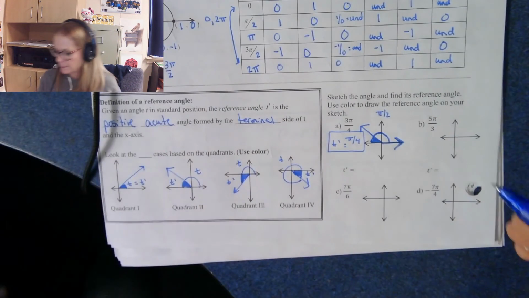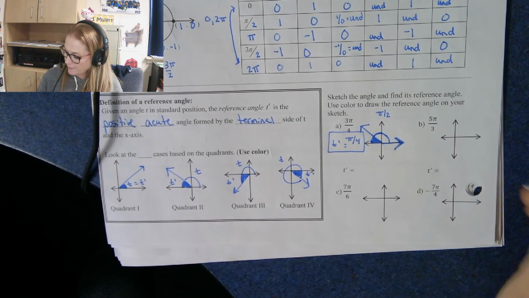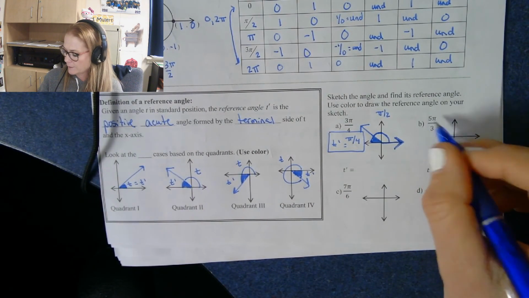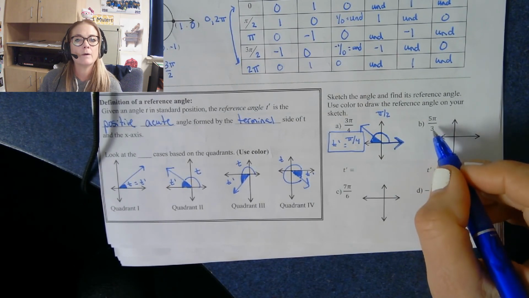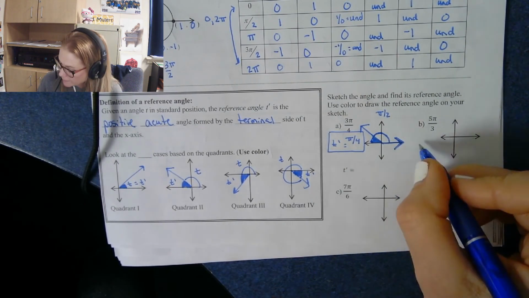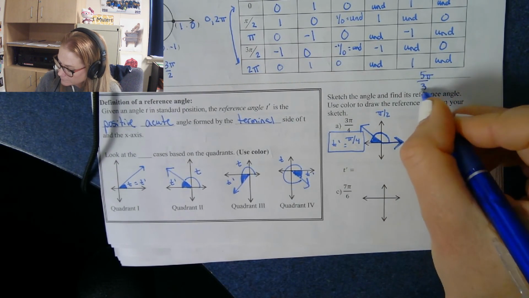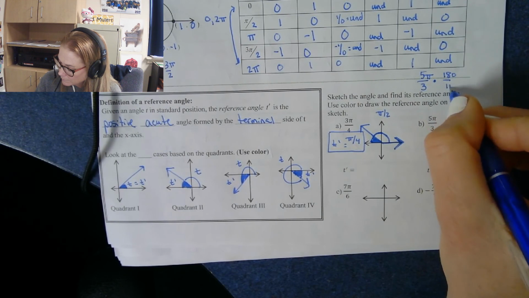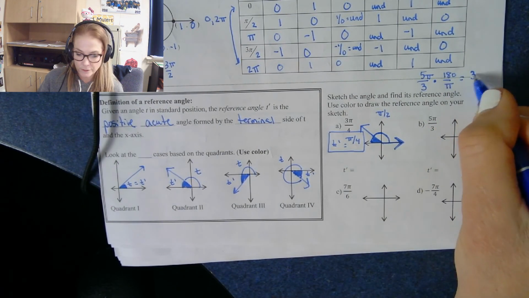All right, 5 pi over 3. Okay, so 5 pi over 3. So, if you want to do a quick thought as we get moving here on what this is, if you were to do a quick conversion, 5 pi over 3, you're going to be looking at a 300 degree angle.